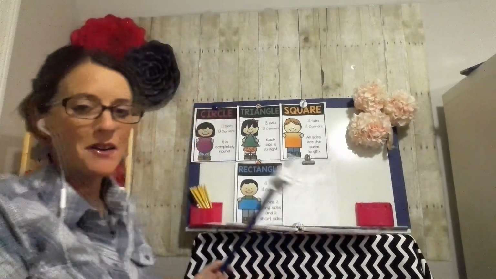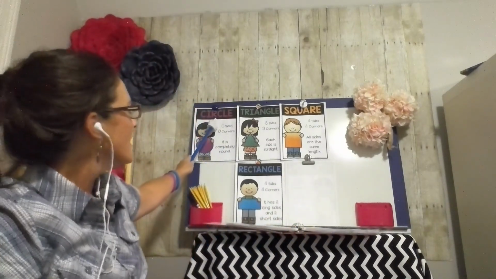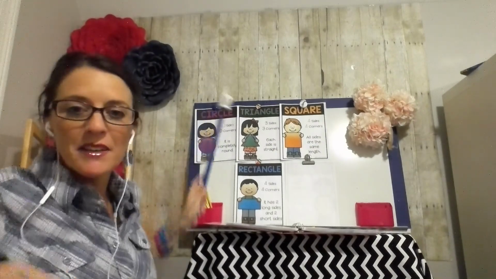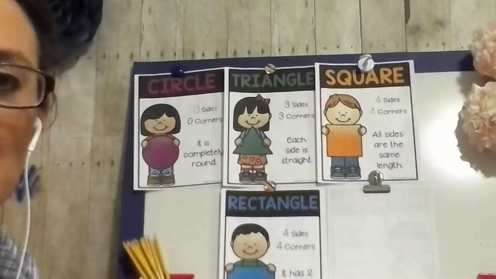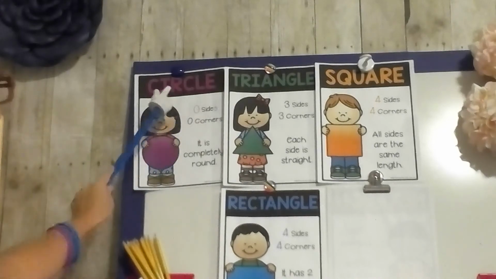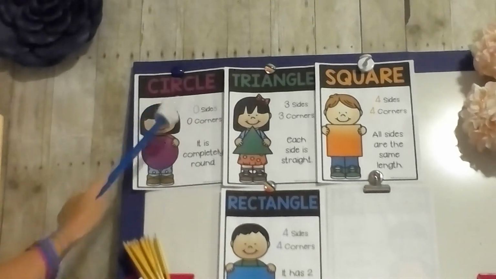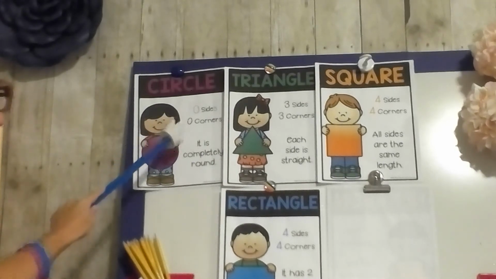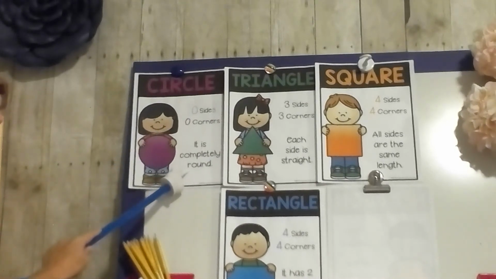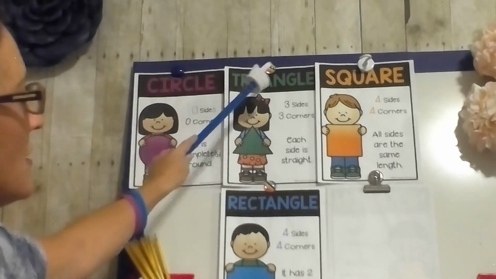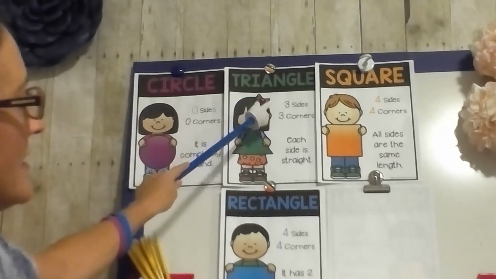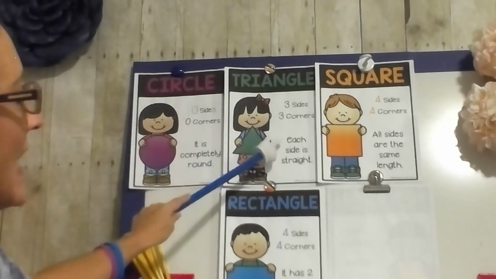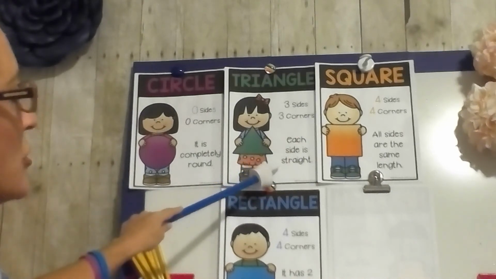Before we get into our new shape though, let's review what we've learned already. All right, so eyes up here. Up here we have the word, let me zoom in a little. The word circle. A circle has 0 sides, 0 corners, and it is completely round. A triangle has 3 sides, 3 corners, and each side is straight.